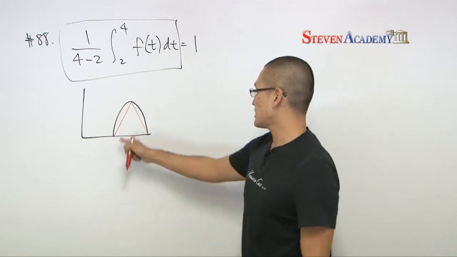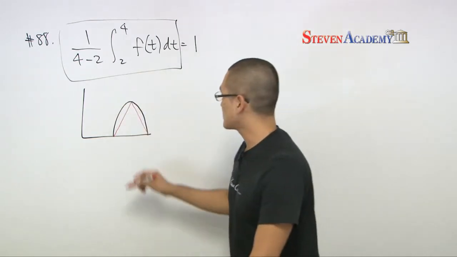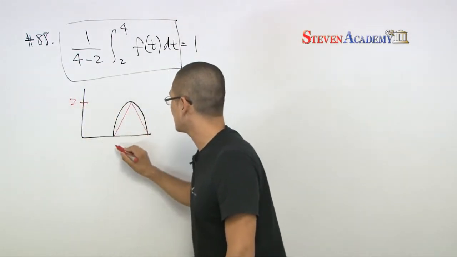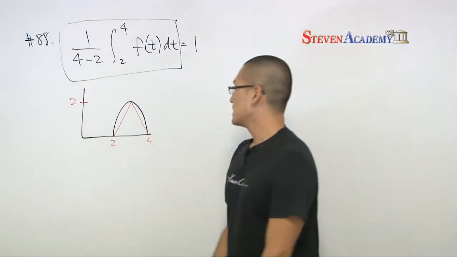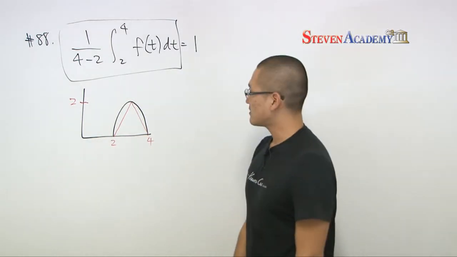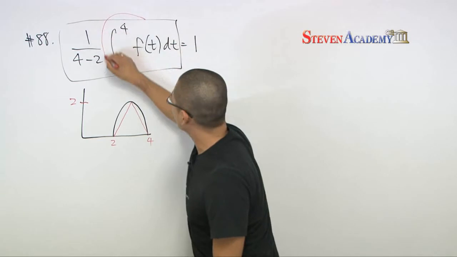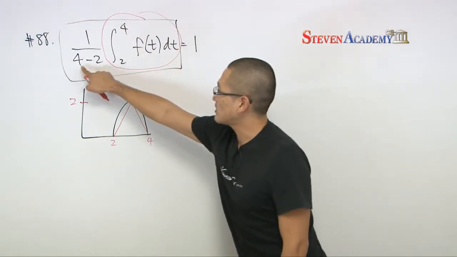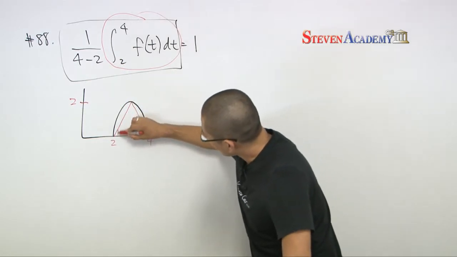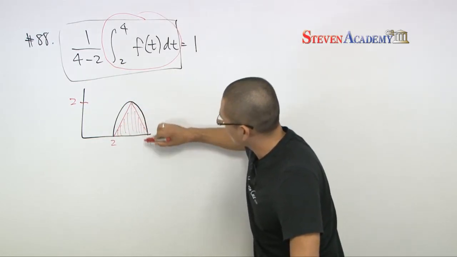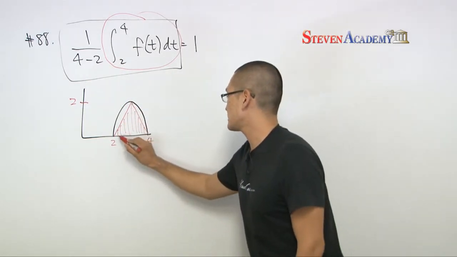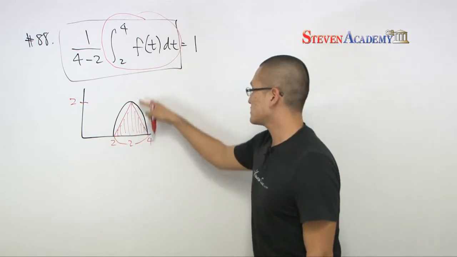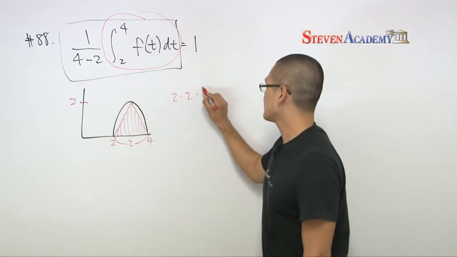But just consider this. If I make a straight arrow and then make a triangle out of that, and it's going up to 2, it's going from 2 to 4, it's really easy to get the area, right? Remember, this thing right here is just the area. Area divided by 2. So my red part area would be 2 times height 2 divided by 2.